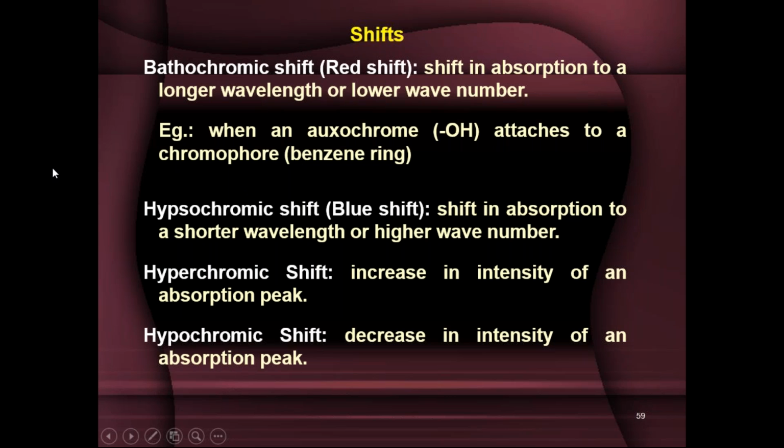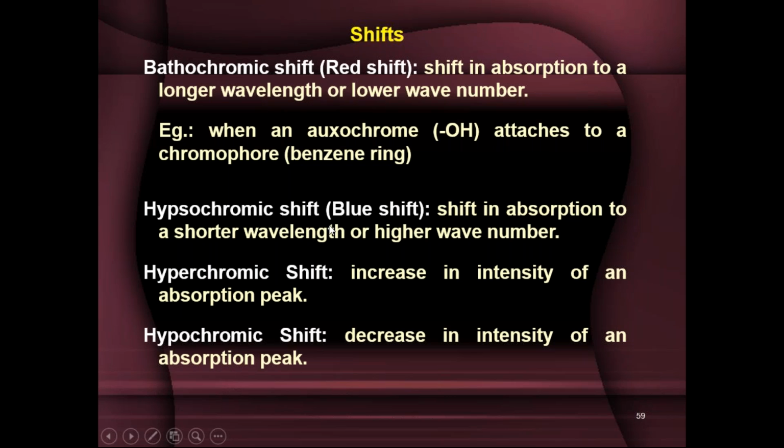So we can always visualize the visible light. You have the VIBGYOR colors with red on one end and violet on the other, violet and blue. So blue is a shorter wavelength, red is a longer wavelength. So whenever the shift takes place to longer wavelength, we call it a red shift or bathochromic shift. When the shift in absorption takes place to a shorter wavelength or a higher wave number, we call it blue shift or hypsochromic shift.